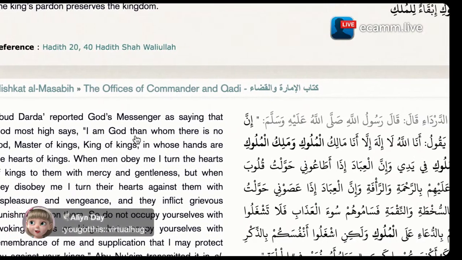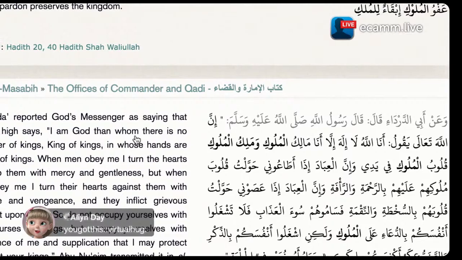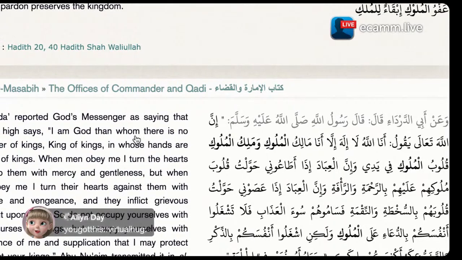Here you see that Allah said, I am God. By the way, the translation is false. It says, I am Allah. There is no God except I. The translation again is not correct.